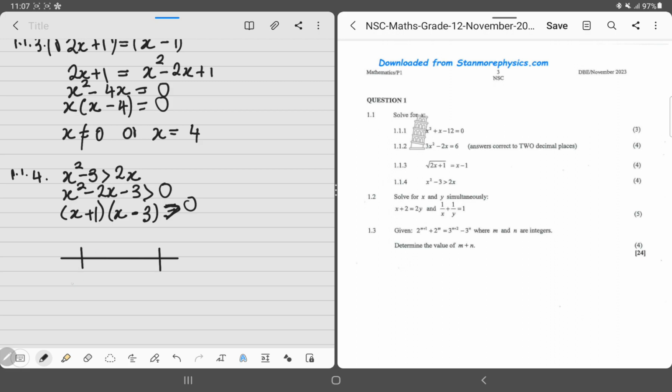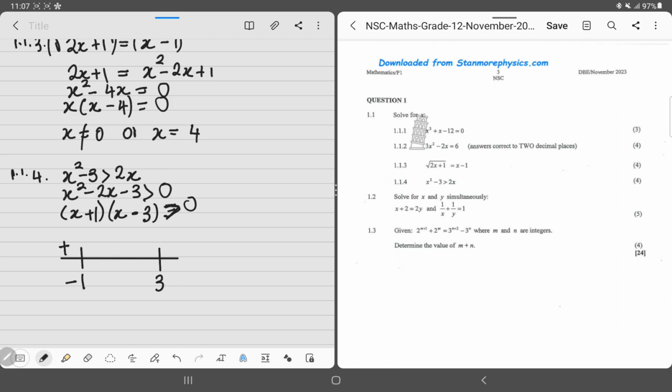So the critical values are going to be negative 1 and 3. We're going to take any number that is less than negative 1 and plug it in for x. So I'm going to choose negative 2 plus 1, negative 2 minus 3.